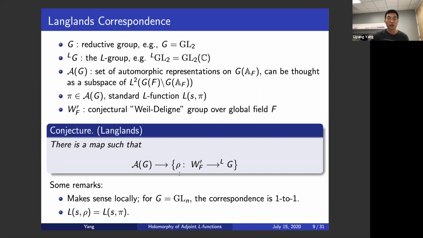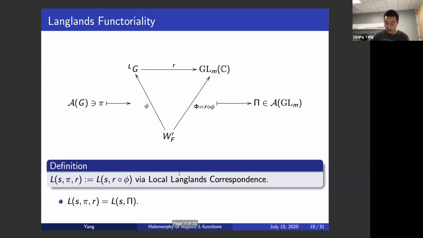And then, knowing the Langlands correspondence, we can talk further about Langlands functoriality. It's roughly this diagram. Given an automorphic representation on G, like a cuspidal representation on GL_n, according to the Langlands correspondence, there's a parameter, a Galois representation here. Let's call it little phi.